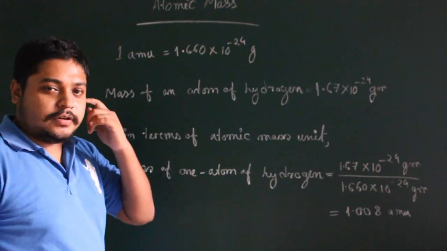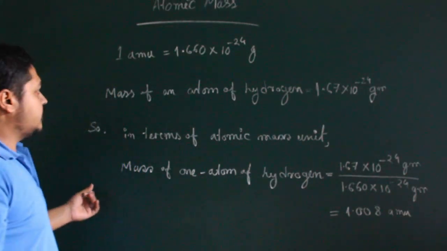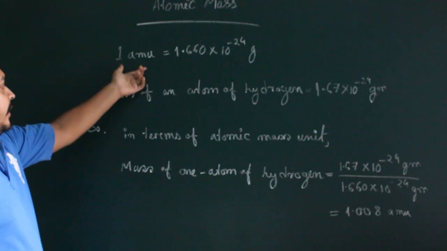So this is the process of calculating the atomic mass of an atom. Suppose we have hydrogen, which is 1 AMU.